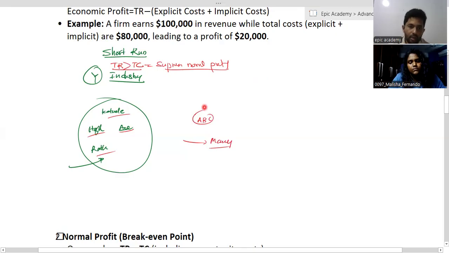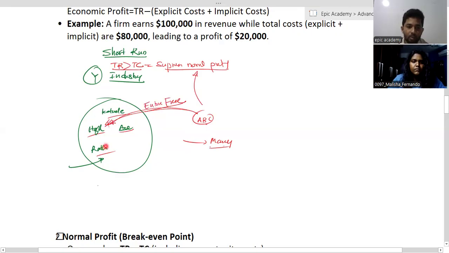You know that entry into a perfectly competitive industry is free, isn't it? There are no barriers. So ABC and other companies identify that in the short run, the yogurt industry is getting supernormal profit, and they try to enter the market.